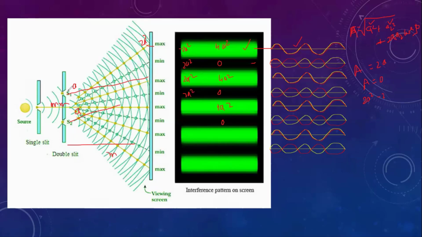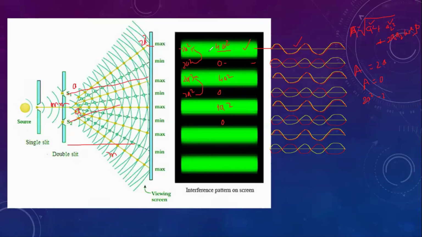But if you arrange like this, then what will happen? This 2a square gets added up here, so it becomes 4a square, and here it becomes 0. Again, this 2a square is added up here, and this becomes 0, this 4a square. So the energy is conserved by just adding this intensity to the top one.